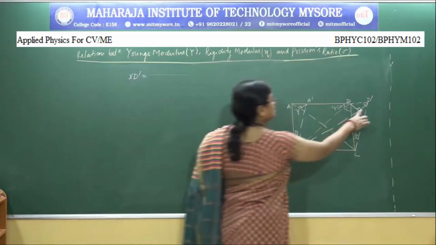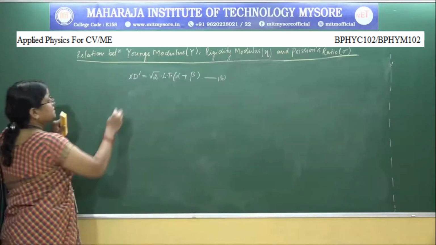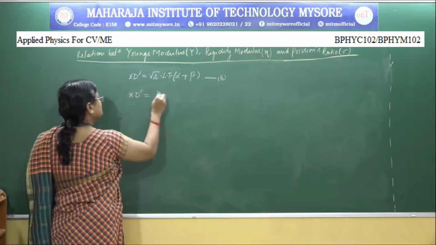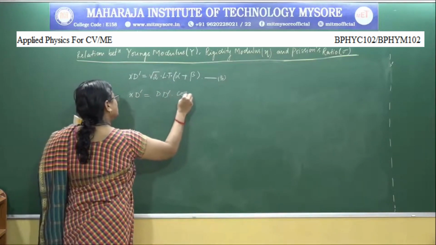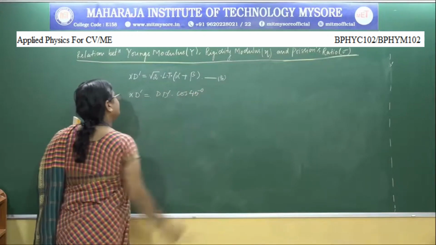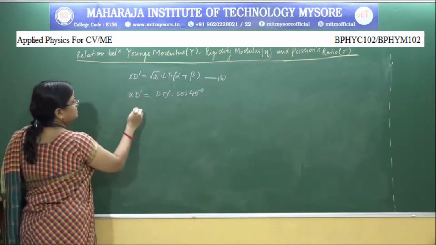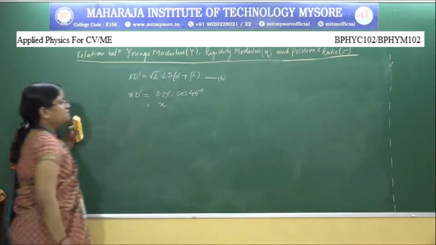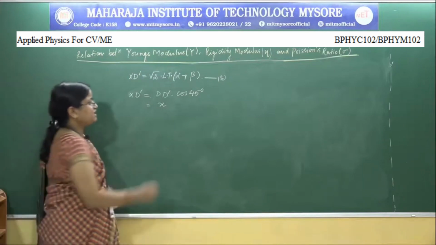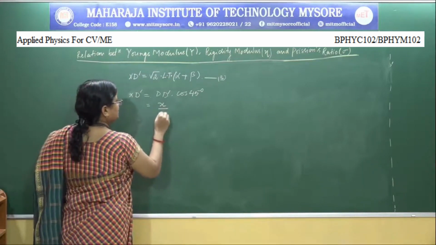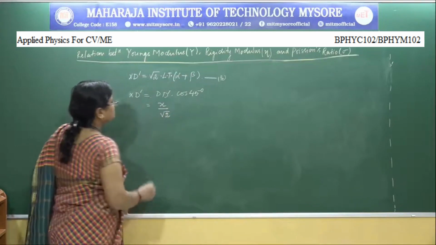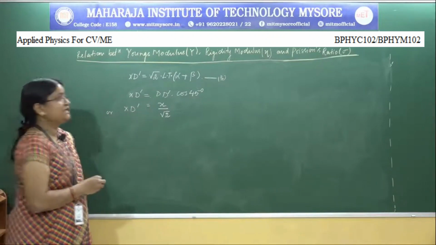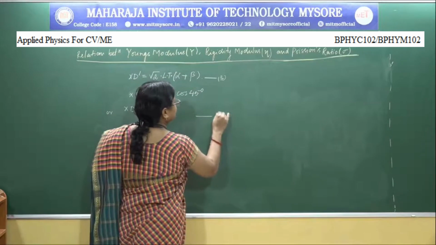Taking this triangle, XD dash will be equal to DD dash cos 45 degrees, and DD dash we know is the change in position which we have written as x, and cos 45 equals 1 by root 2. So XD dash will be equal to x by root 2, equation 4.